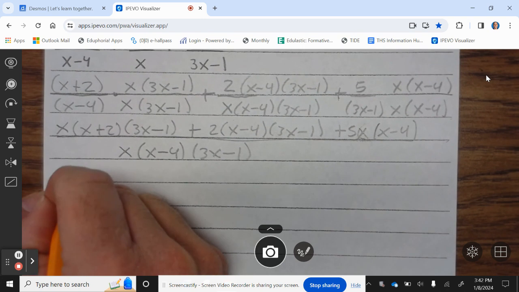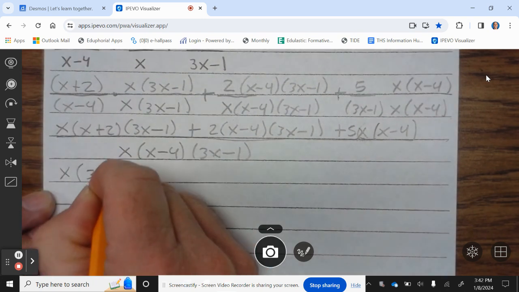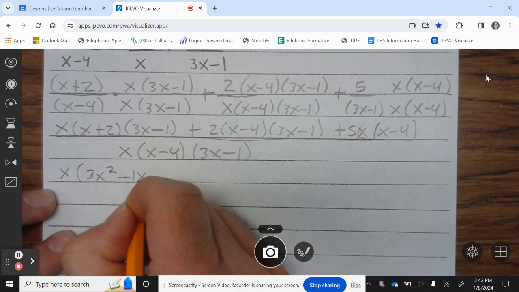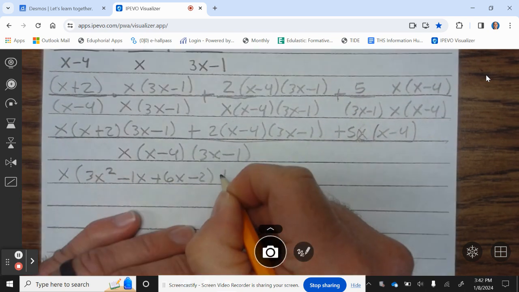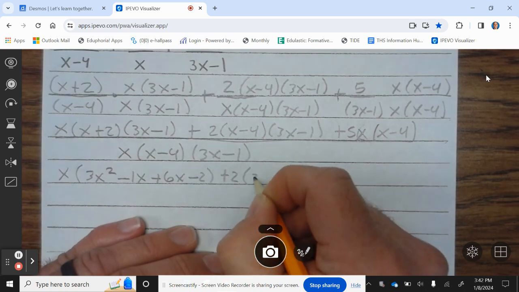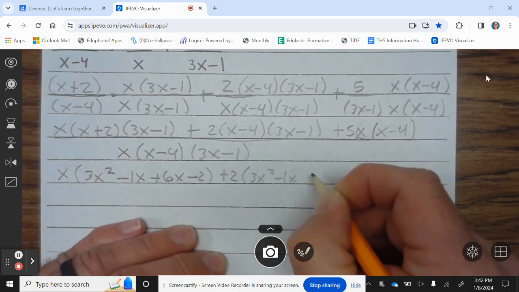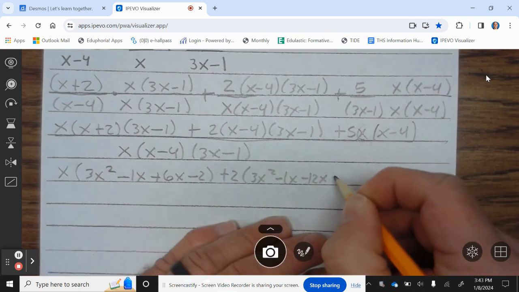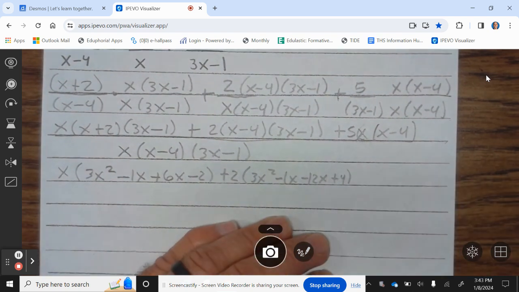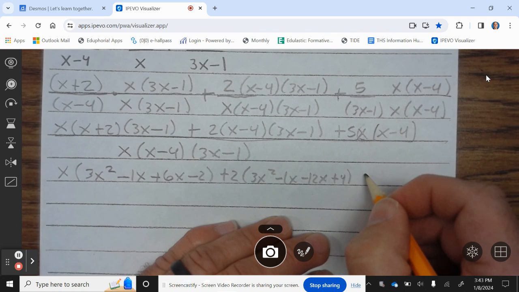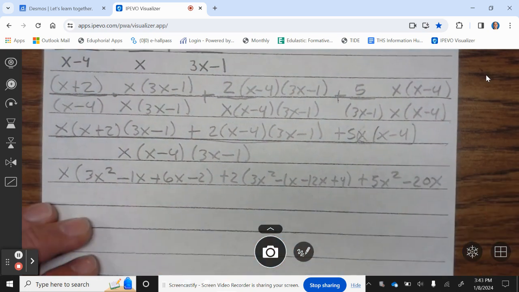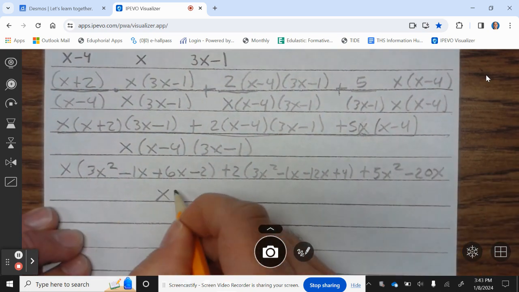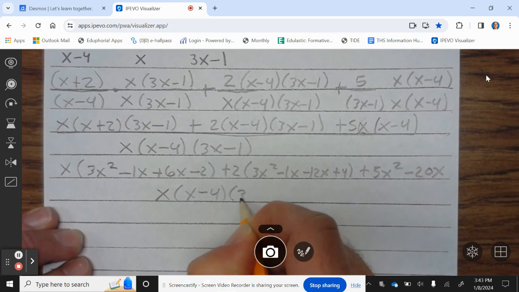Okay, so now let's expand that out. Let's do the x last. So for this, x times 3x is 3x squared. X times negative 1 is negative 1x, plus 6x minus 2, plus 2 times 3x squared minus 1x minus 12x plus 4, plus 5x squared minus 20x, divided by x times x minus 4 times 3x minus 1.